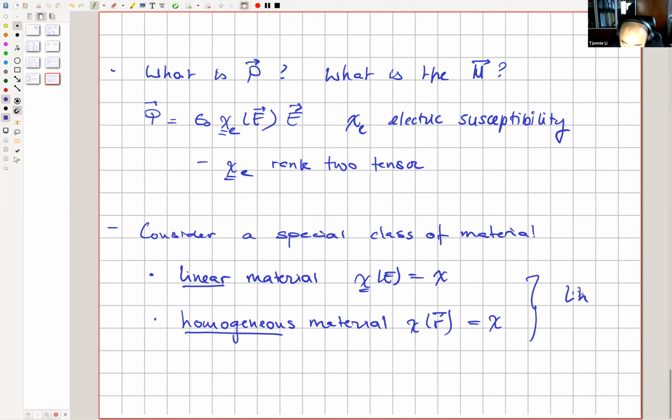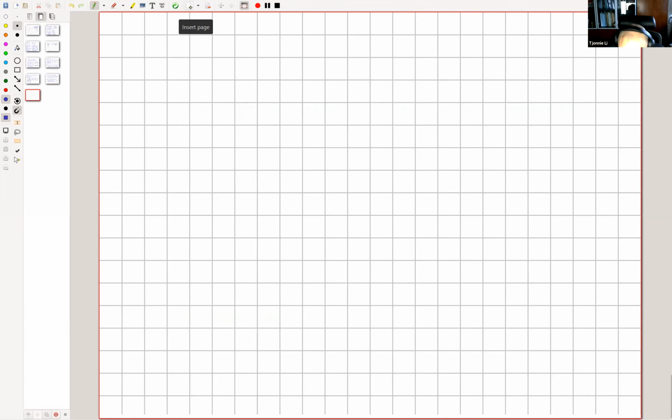Now, similarly, I could also consider the magnetized version, in which case I have M equals some chi M, which is a function of H, times H, where in this case, this chi M is now the magnetic susceptibility.